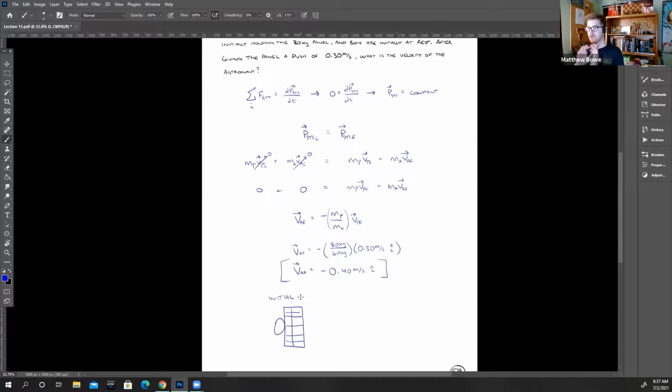And they give it a push. And from my problem, I'm saying that the direction of the solar panel was positive. That's usually to the right. So the solar panel moves with some velocity to the right.